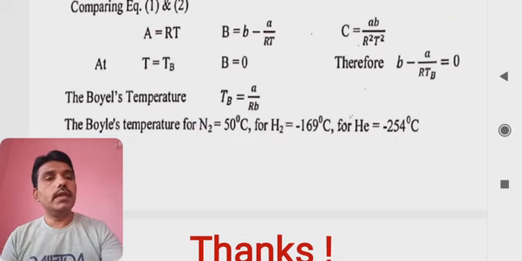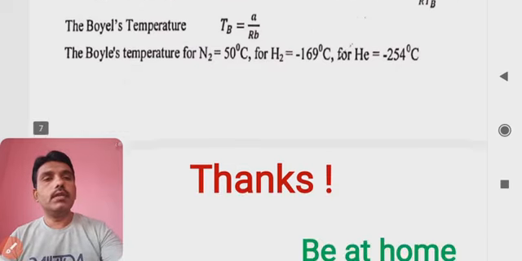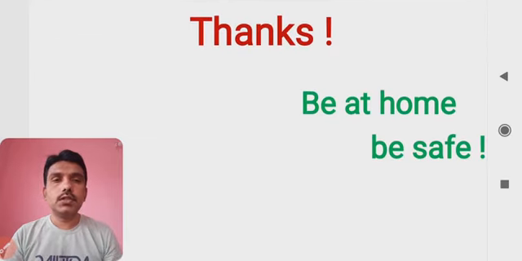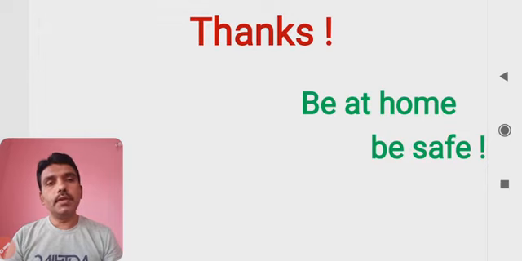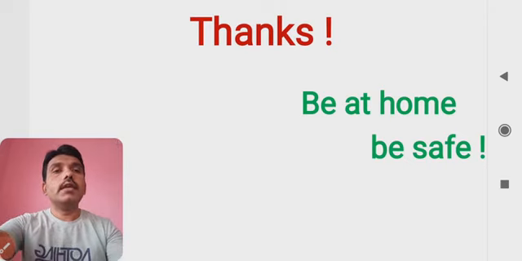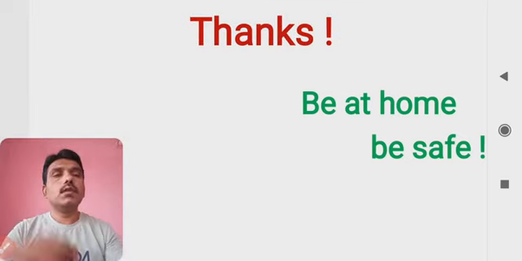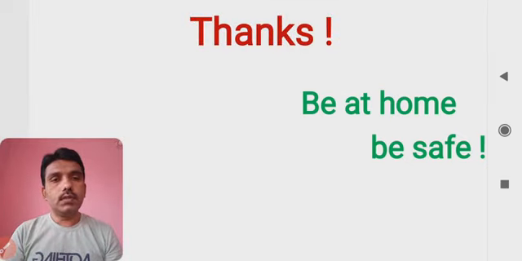And we can calculate the Boyle temperature of different gases, and we have seen for the different gases this Boyle temperature is different. So this is what for the Boyle temperature and the behavior of the real gases or the gases at the higher pressure is to be there. This is what the case where it is to be as a behavior of the real gases.